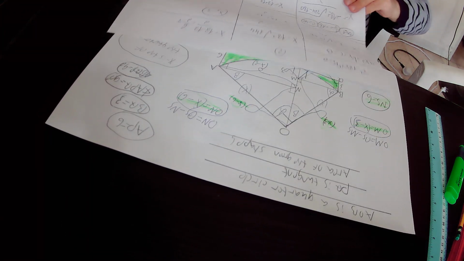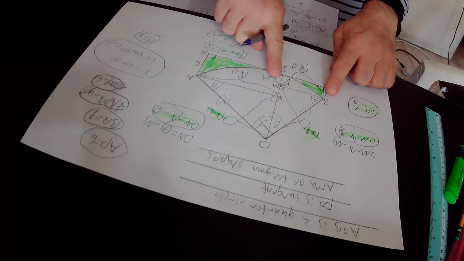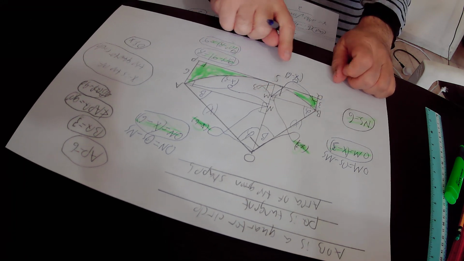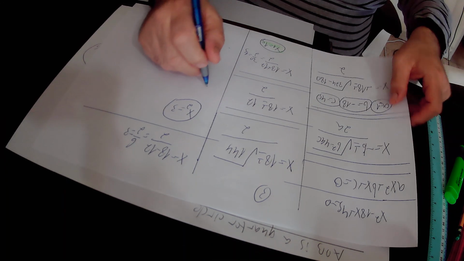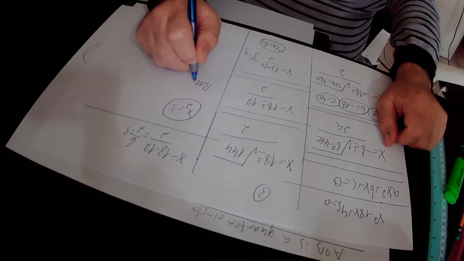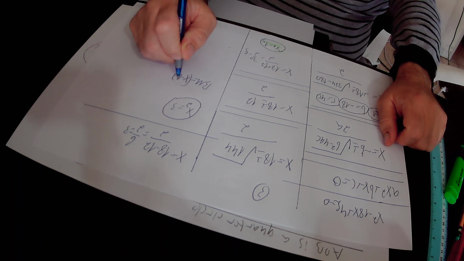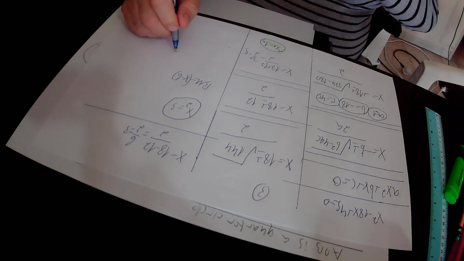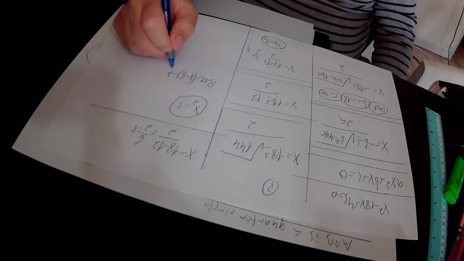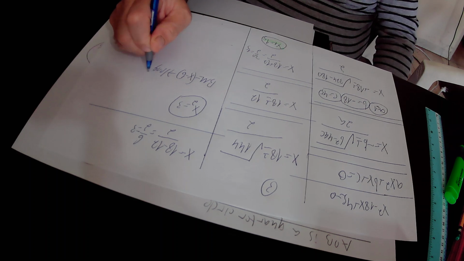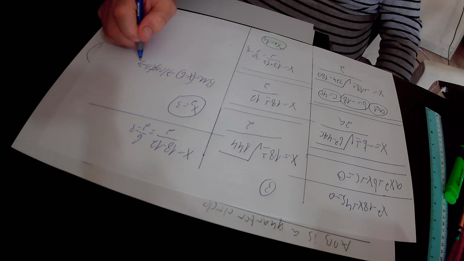But we have already found out that line segment BM, this is line segment BM, is equal to x minus 6 units in length. BM is a length, and as a length, it must be a positive number.